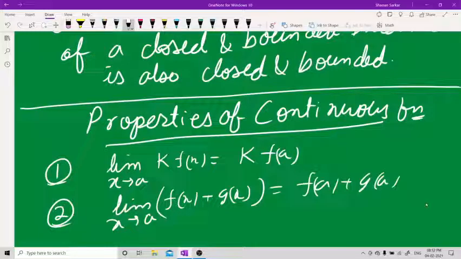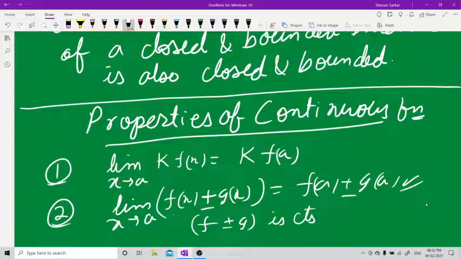That means the sum of two continuous functions is also continuous. This is also written like this: f plus or minus g is continuous. That is, this limit should be equal to that part.